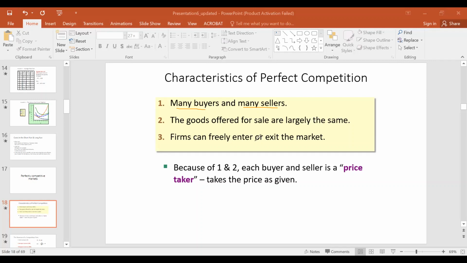In Ghana, you can think about a trotro. There are many people buying the services of trotro drivers, many people selling the services of trotro. The goods they offer are largely the same. They are all transporting you. Firms can freely enter or exit. In this country, you can easily enter into the trotro business and you can easily leave.